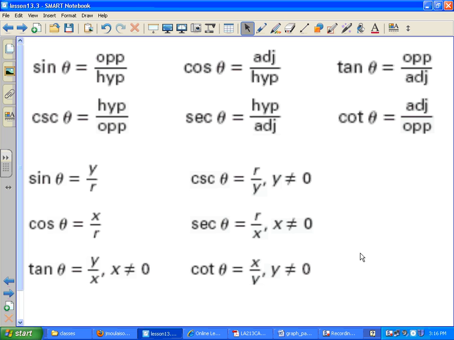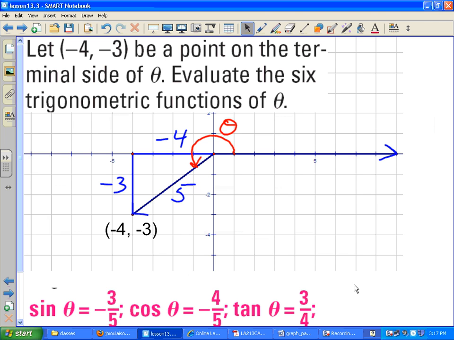So once again, with these definitions, you can just see the comparison. For example, tangent is y over x, or tangent is opposite over adjacent, depending upon which definition you're using, but they are equivalent expressions.